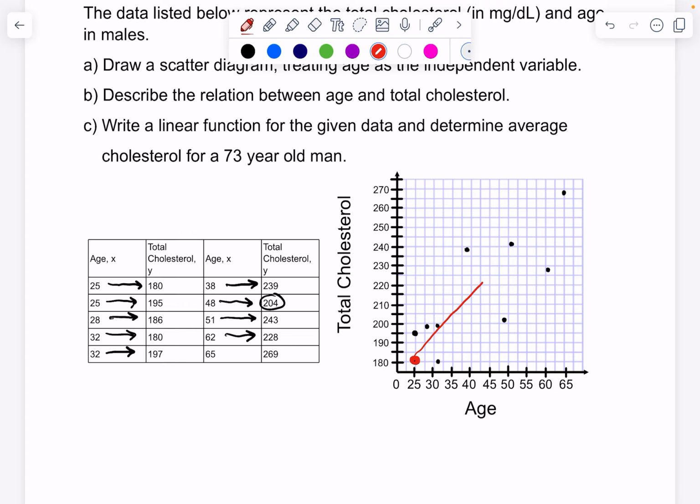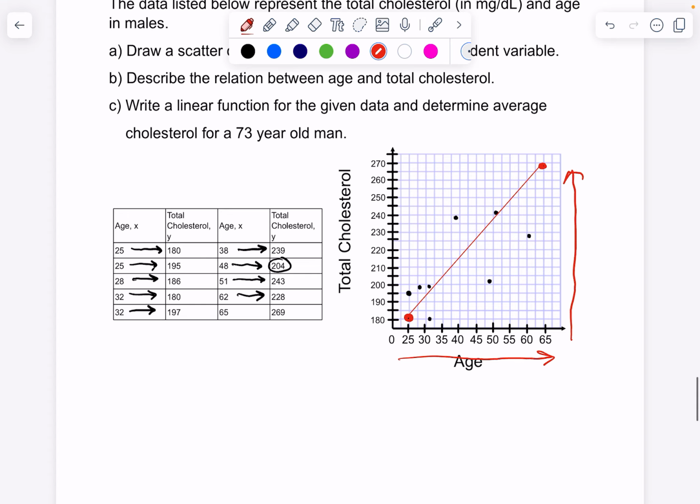And you kind of try to go as closely as you can through the middle here to the last point, which in this case is 65 and 269. Okay, so those are what I call my anchor points on the line of best fit. And you can see that there is a positive relationship because as age is increasing, so is the cholesterol level.